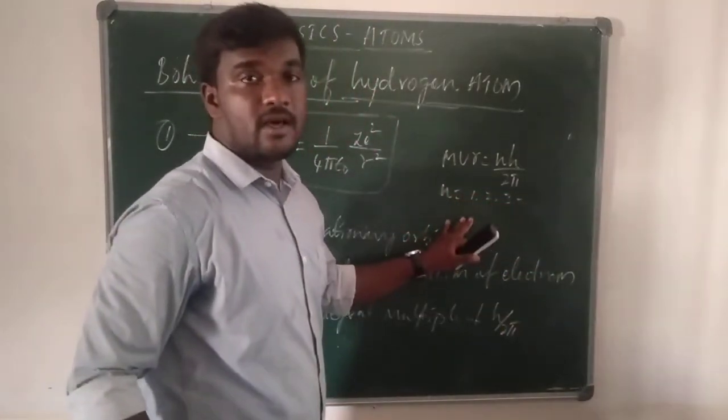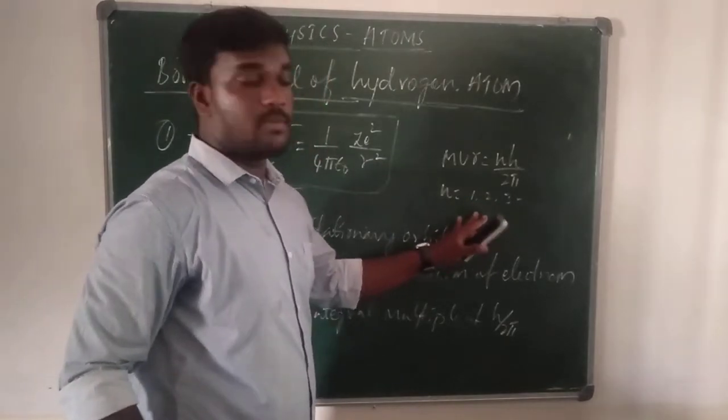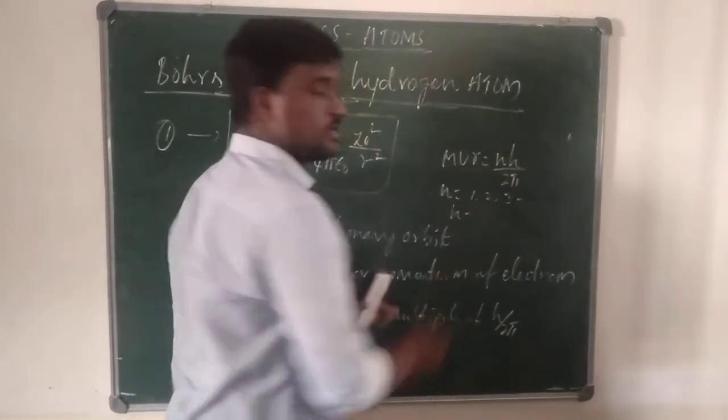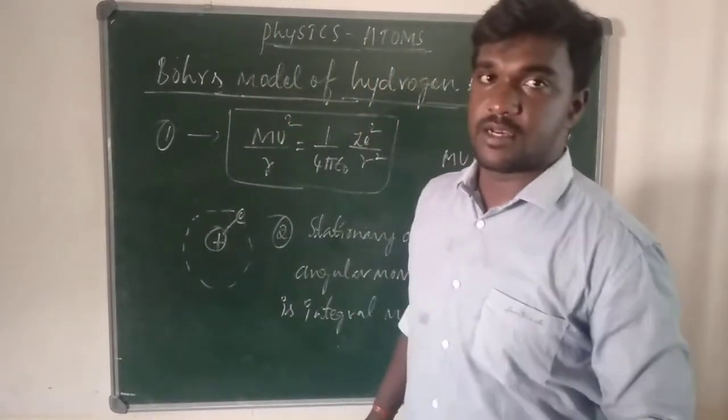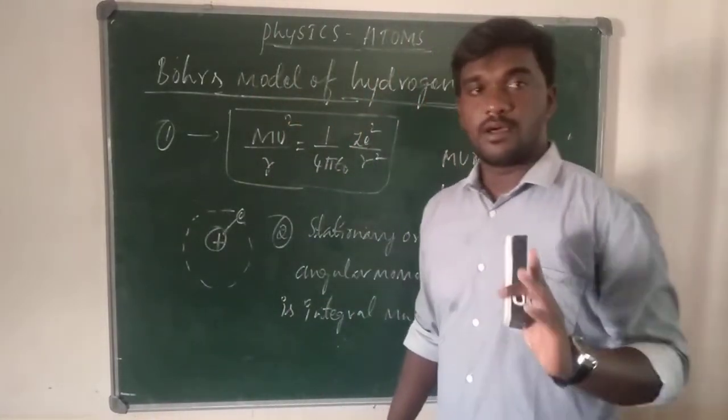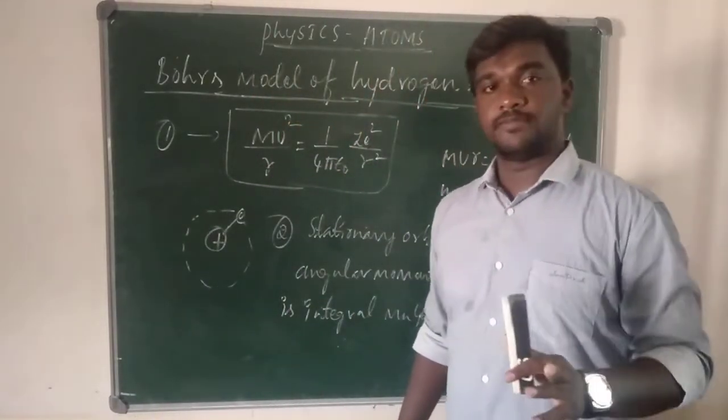So n is the principal quantum number, where h is Planck's constant. This is the second postulate of Bohr.